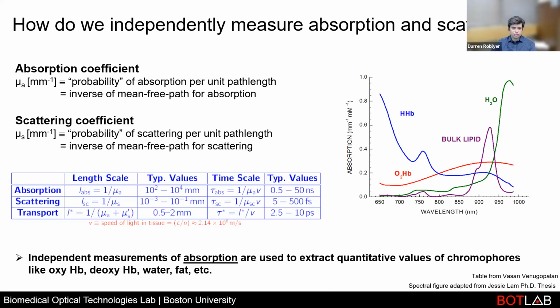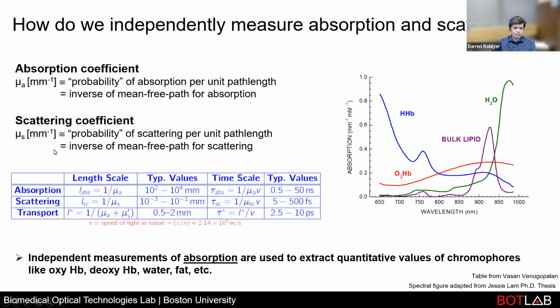So just a few definitions here, but you'll see this throughout the talk. The absorption coefficient, which we call mu-A, has units of inverse distance. And the absorption coefficient tells us about the probability of absorption per unit path length. And if we take the inverse of mu-A, it tells us about the mean free path for absorption. So how far in tissue does a photon travel before it gets absorbed?